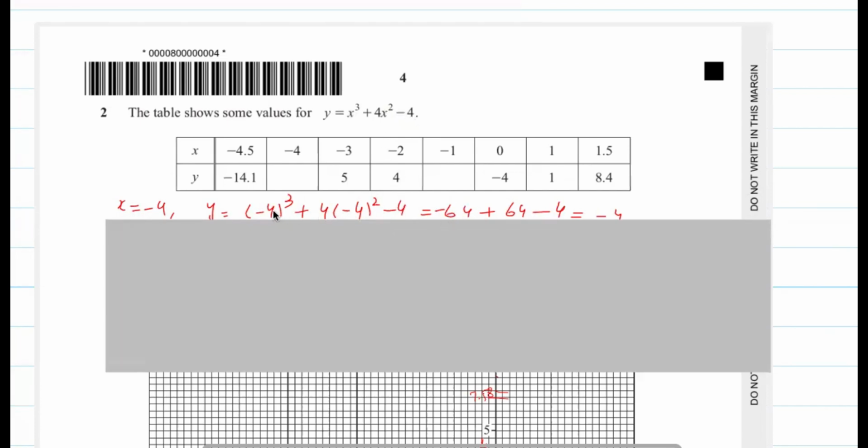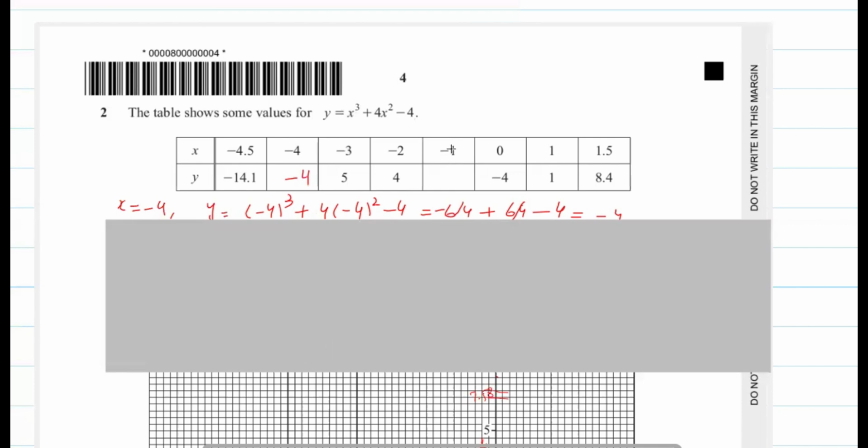The -64 and 64 will cancel, and we get the answer -4. Against x equal to -4, the value of y will be -4.